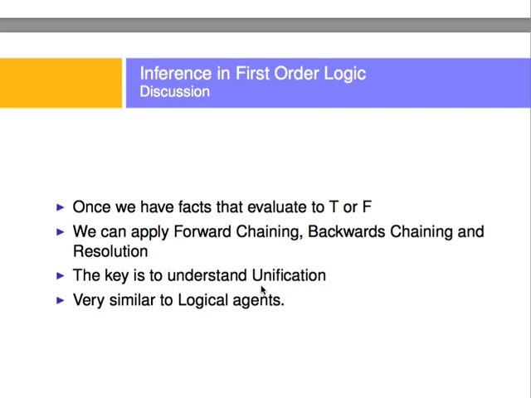And the key is to understand how unification works. Okay, this is the same as logical agents. The key is to understand unification, and the power here is that this language is much more expressive than simply propositional logic. We can give it more rules with unification.